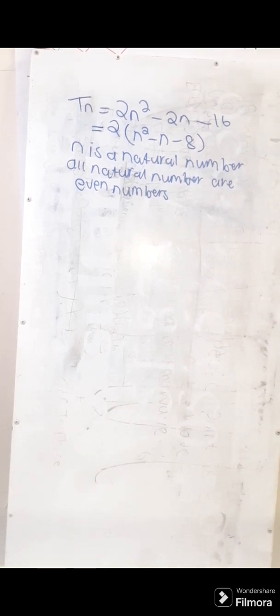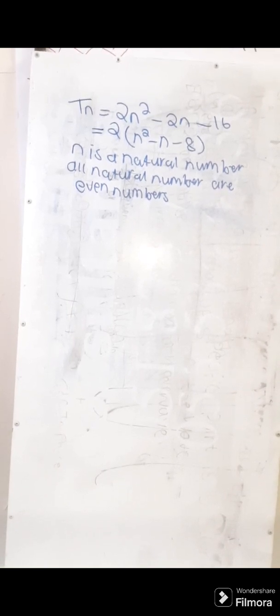So I hope you were taught nature of roots at school. This question will make clear sense of natural numbers and so on, because it has to satisfy that quadratic formula.